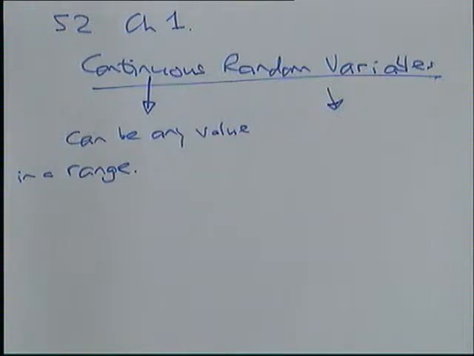Have you come across discrete random variables? Does that ring any bells? Rolling a dice. Okay. If you roll a dice, what can you have? 1, 2, 3, 4, 5 or 6. You can have a discrete number of outcomes. And what can you associate with each outcome? A probability, yeah.